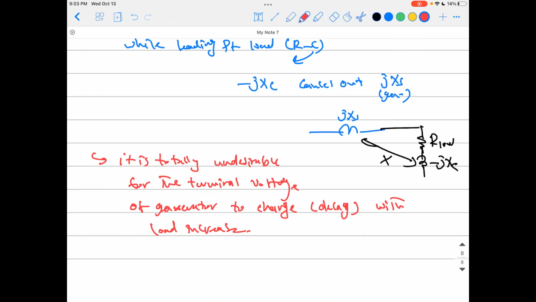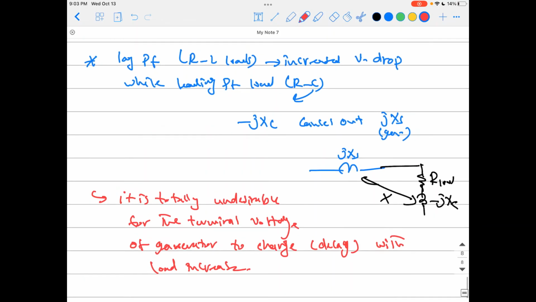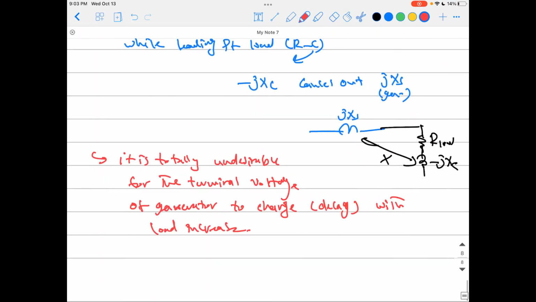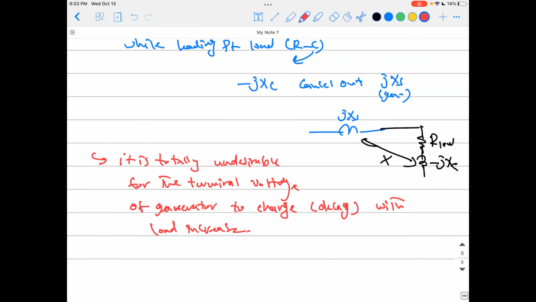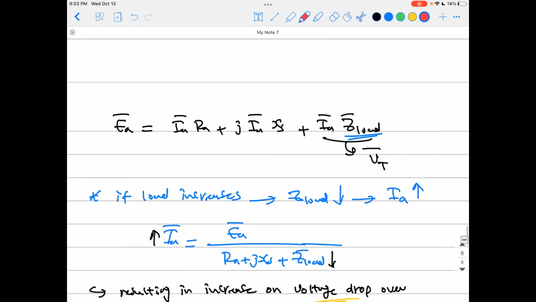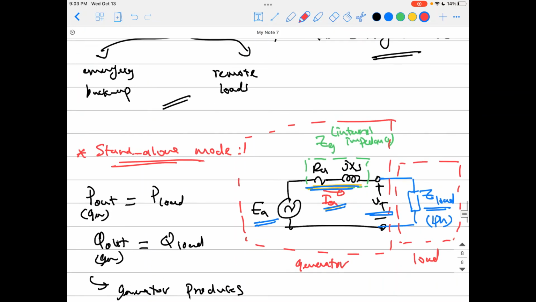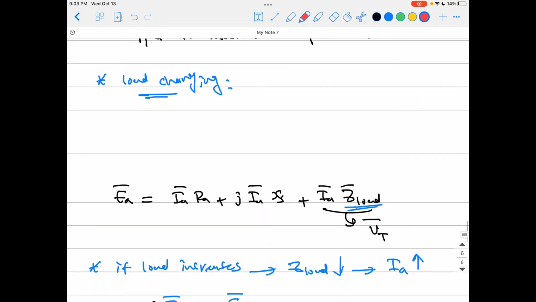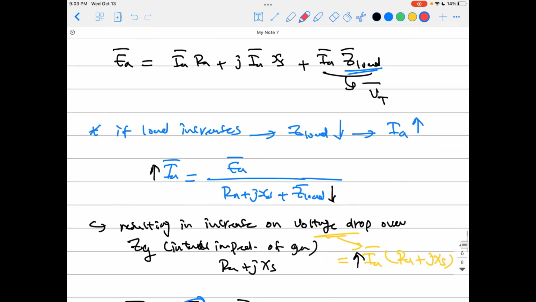Okay, guys? How? We use a control action to do this, but I'll be talking more about this next time. We now understand what happens if your generator is connected in standalone mode, connected to just a load. That's a very simple way of connection, and you can use the typical circuit equations to describe the performance of the generator.